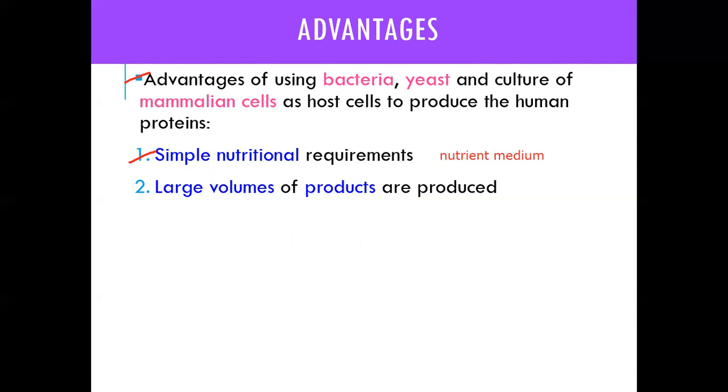You can have 1 liter, 5 liters, and 10 liters. So you can change the size of the container depending on how much you want to grow, as long as you can control optimum conditions in that container, which is called the fermenter. Whenever you use a container to grow any cells, we call it the fermenter.